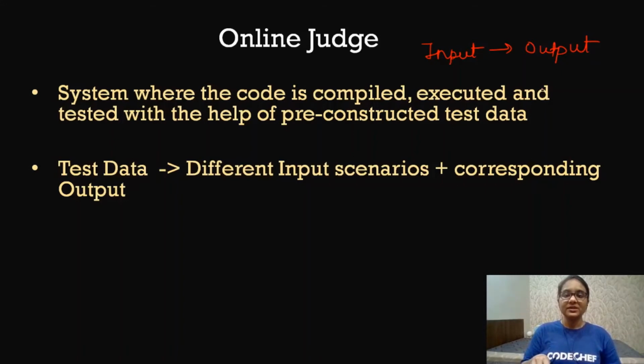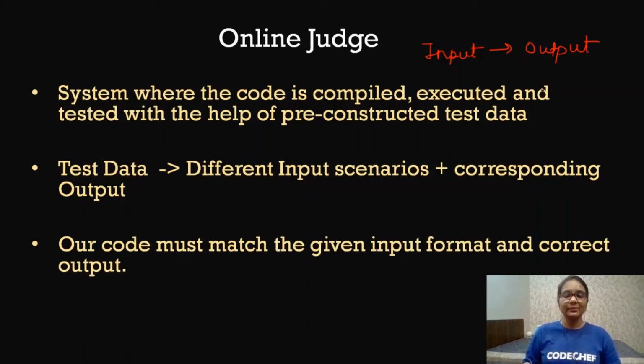So what happens in an online judge is that our code is given all of those inputs one by one, and then it is checked whether our code's output matches the output that is present in the test data for that particular input or not. So if all of those inputs and outputs match, then in that case our code is correct. And if even one test case is not matching, then in that case our code will be wrong.